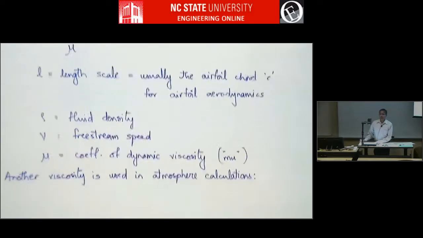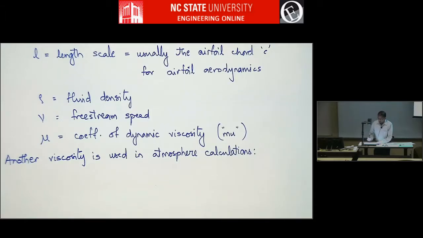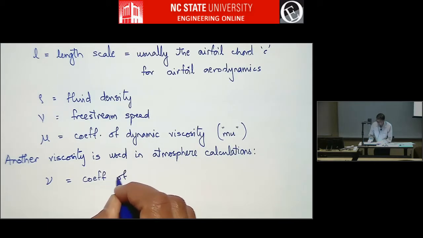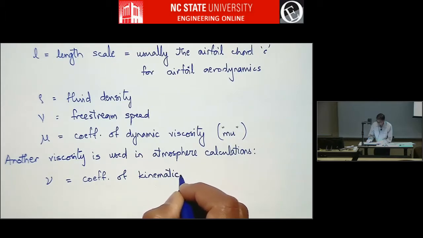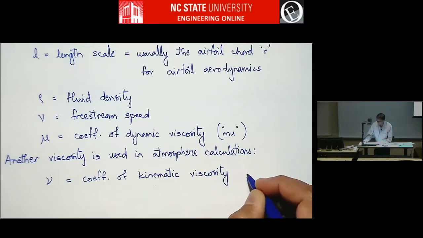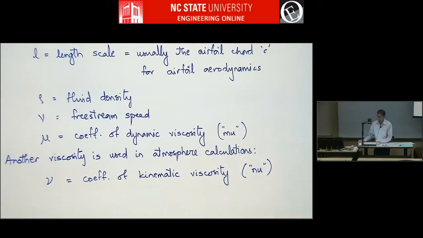Whenever we talk about atmosphere and air properties, there is this other coefficient which is called the coefficient of kinematic viscosity. And this is nu. So nu is simply mu over rho.